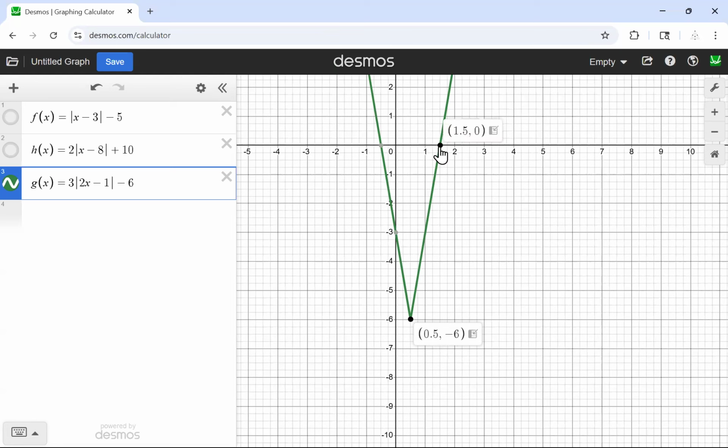You can see that the x-intercept, one of them is at 1.5 comma 0. The other x-intercept is at -0.5 comma 0. And that the y-intercept is at 0, -3. So all 4 of those points show you where the absolute value function is going to lie.